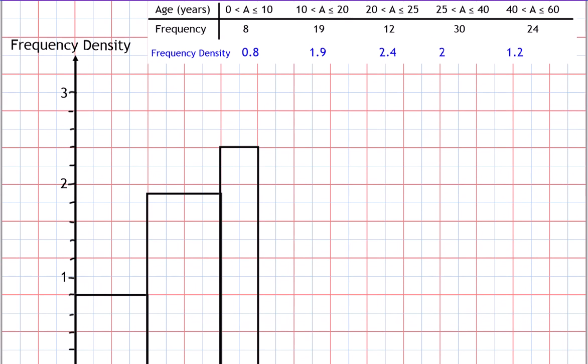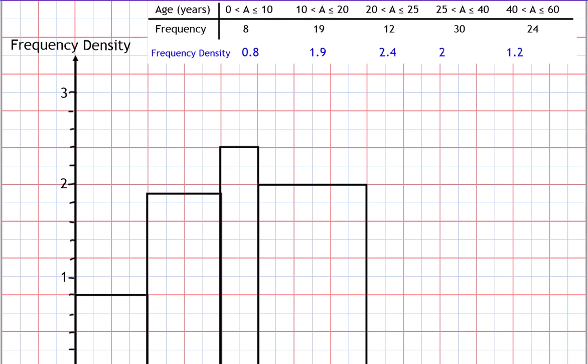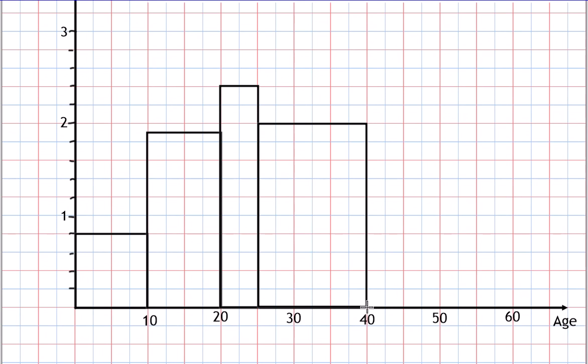The next bar goes from 25 to 40 and has a frequency density of 2. So from 25 to 40 and a frequency density of 2. And our last bar goes from 40 to 60 and has a frequency density of 1.2, which is there.